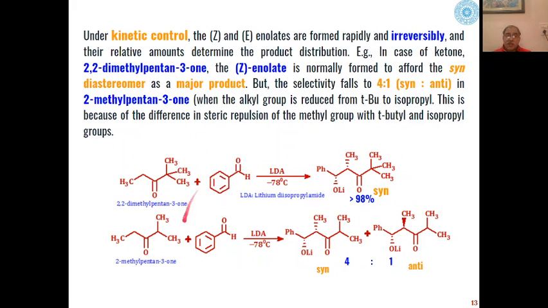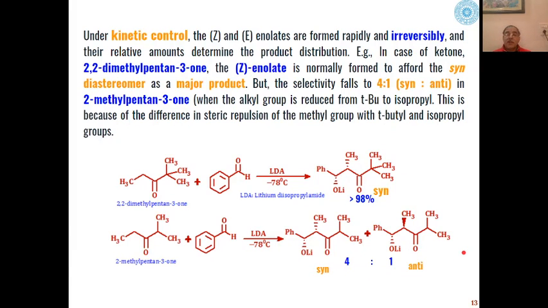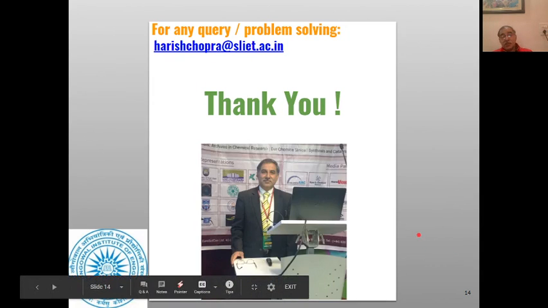But with this substrate, both Z and E enolates are formed in a 4:1 ratio. That is why we are getting this product in a 4:1 ratio. And thank you very much.